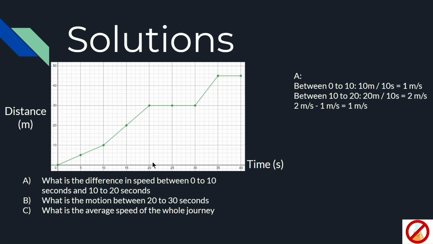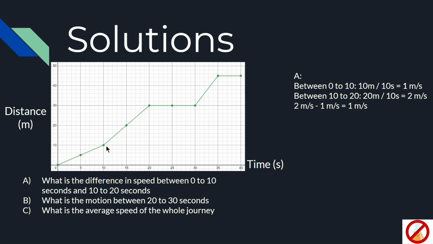While 10 to 20 will be slightly different because clearly you can see the graph is now steeper. In this case, we can still calculate the speed by using the total distance traveled, but be careful, it's not 30. People might just read it from here and go like, oh, it's 30, but it's actually not. We have to subtract the distance right here. It actually only traveled 20 meters because 30 minus 10 is 20.